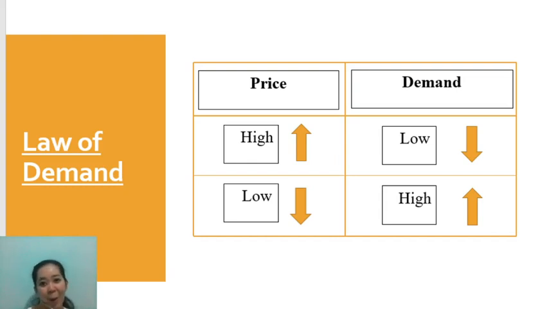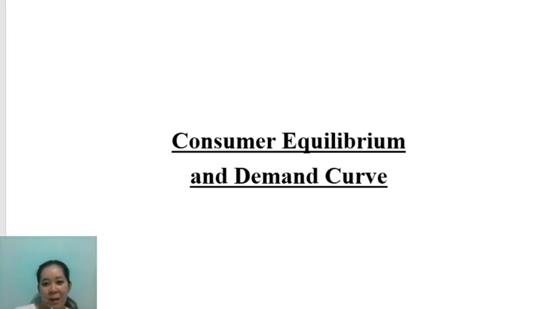So that is the law of demand. So I hope that at this point of the discussion, you already have a clear understanding of what the law of demand is, and you are able also to discuss or describe this when you are asked. Okay, so we go now to the next topic.